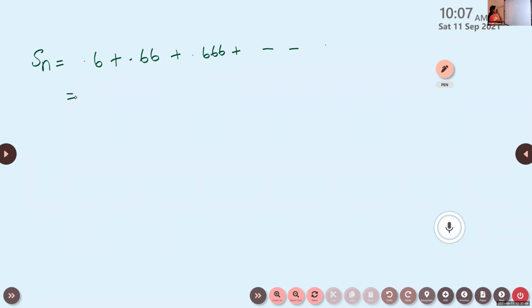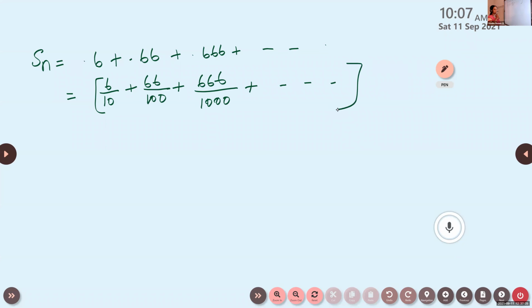Okay, so looking at this, listen children, the method is same. 0.6 means 6 by 10, 0.66 is 66 by 100, 0.666 is 666 by 1000, plus and so on. Once you write like this, first you take 6 outside.